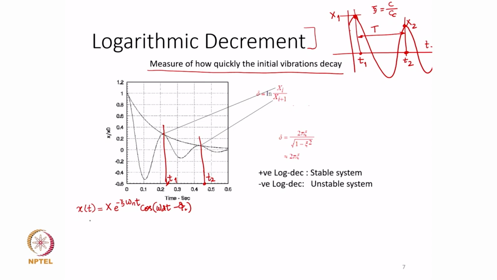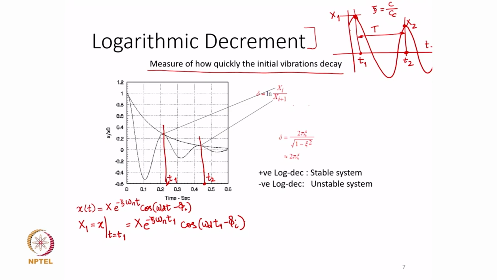All right. So, this is a general expression for the response. I can use this to get the value of the response at time t equal to t1. So, x1 is actually x at t equal to t1, and how much will that be? It will be simply by substituting minus zeta omega n, and this t I will substitute with t1, and then this is going to be cos(omega d t1 minus phi).